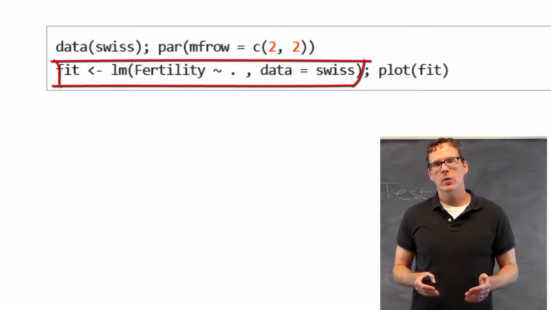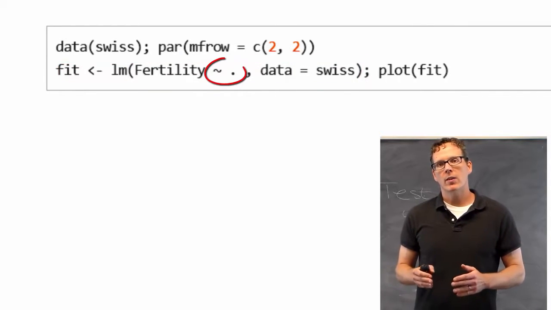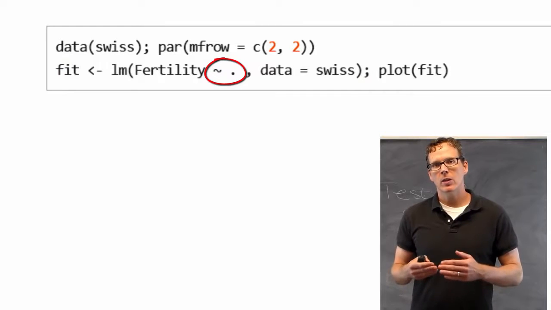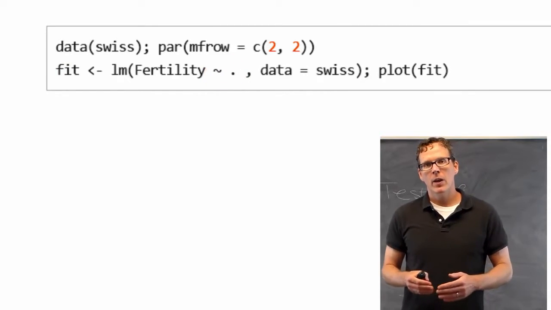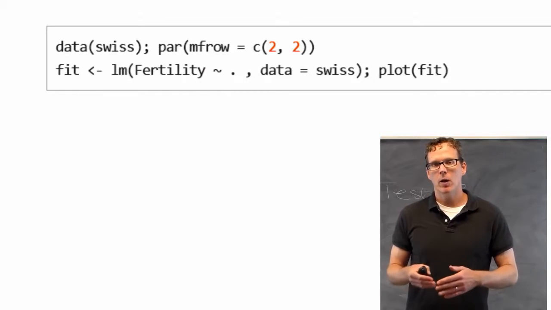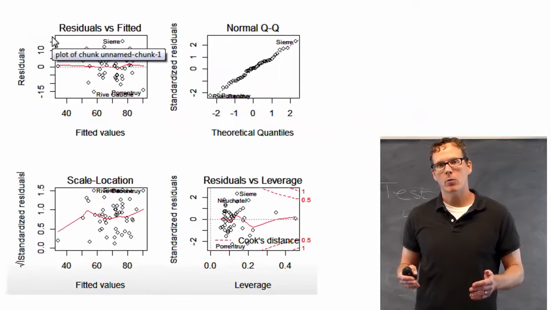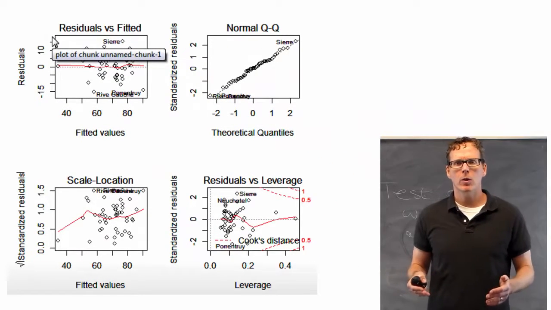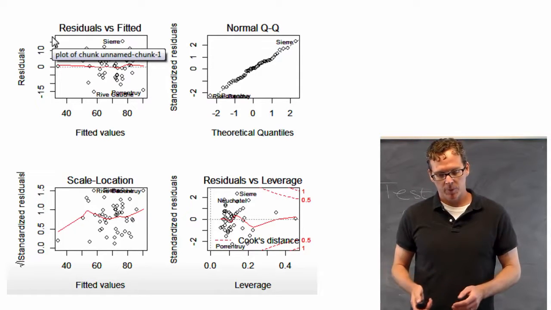And the easy way to do that is to put a period after the little tilde symbol, so that then it just includes all the terms in the data frame except the outcome, of course. Then the generic command plot actually will just plot the fit. It will create a series of residual and diagnostic plots for you. I did par mfrow equals 2, 2 so that it all fit on one page.